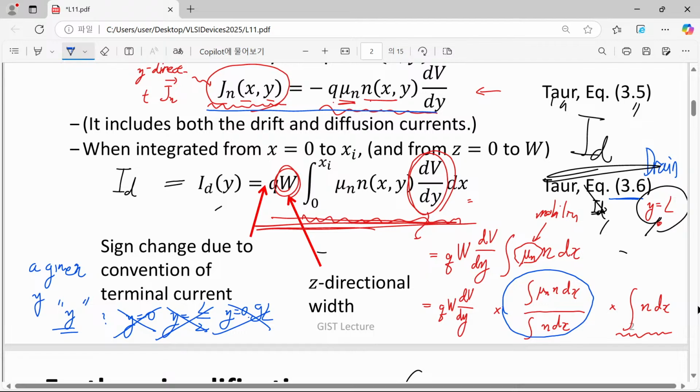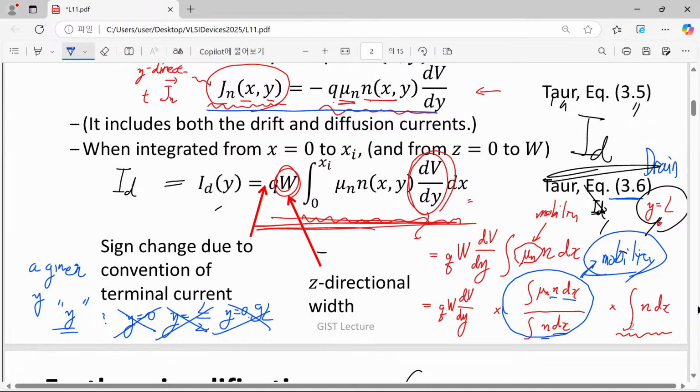So the overall dimension of this expression will be a certain mobility quantity, because although the integration is done in upper and lower, and electron density also appears upper and lower, they are all cancelled out, and we have a certain mobility quantity.